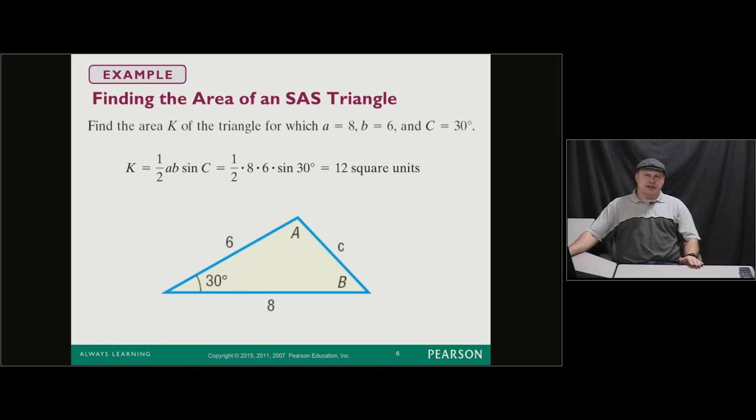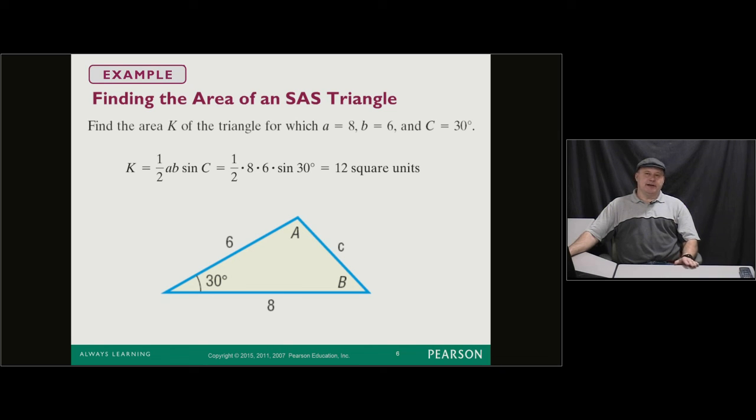So in order to use what I call the area sine formula, you can only use it if you have two sides and the included angle. So you might have to go back to the law of cosines or the law of sines, finding the known parts. You don't have to find everything, but until you get the side angle side format, then you can apply this formula.